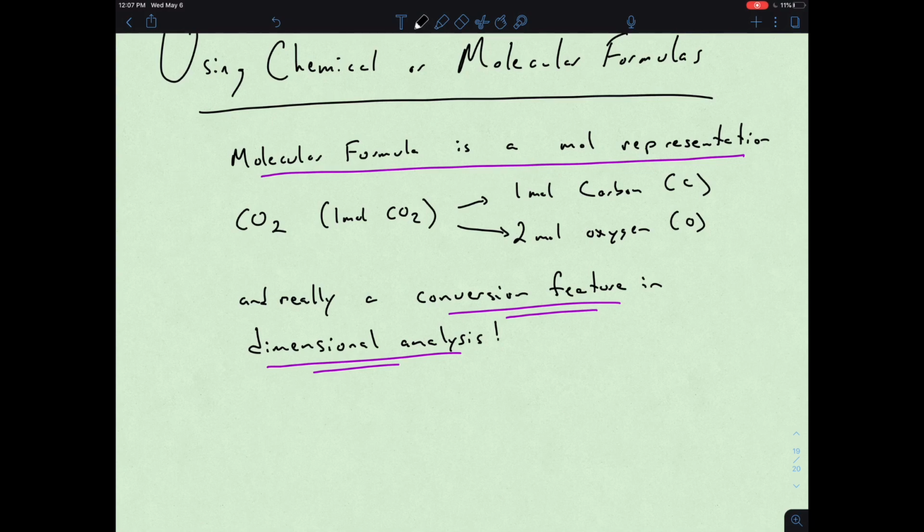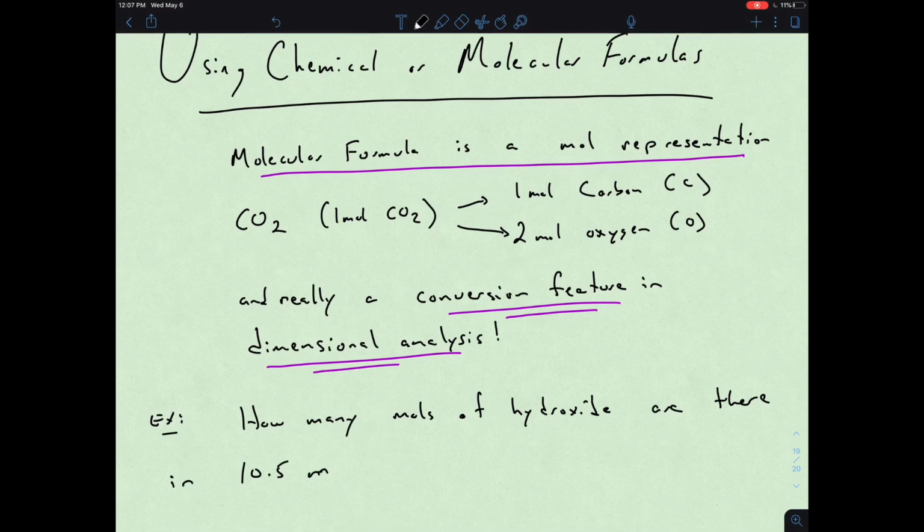So we can start simple with an example, and say, well, how many moles of hydroxide are there in 10.5 moles of aluminum hydroxide?